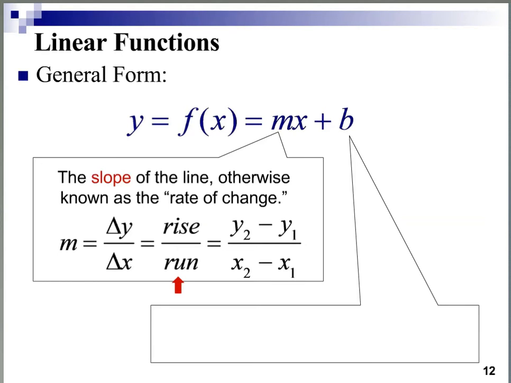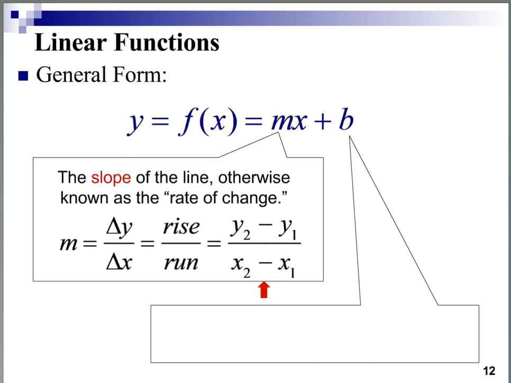Other people learn this by thinking about rise over run. In other words, how much does the line rise as it runs in the horizontal direction? And the formula we use to actually do the computation, when we're given two points, is y2 minus y1, all divided by x2 minus x1. We're going to see an example of this in a moment, but this is the basic notation, and this is what we've seen before when we've studied lines.